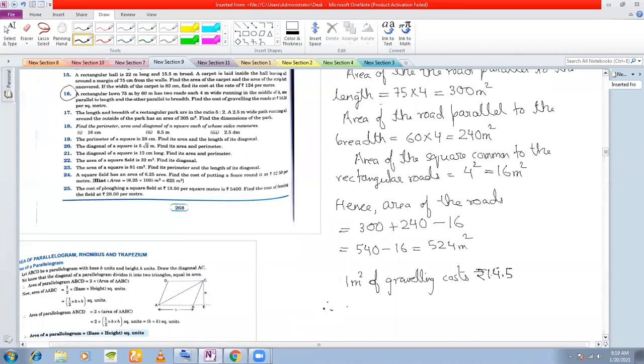Therefore, 524 meter square of graveling costs 14.5 into 524.